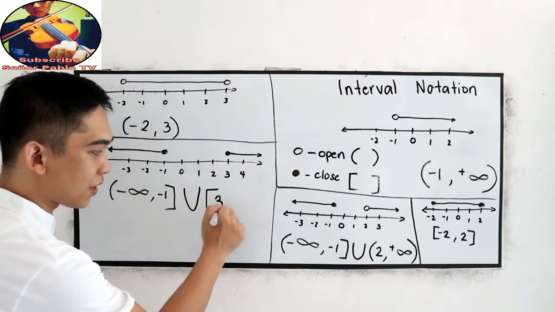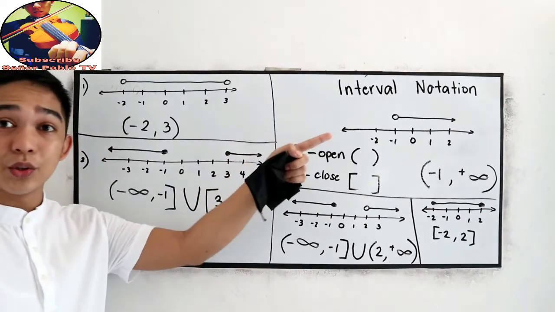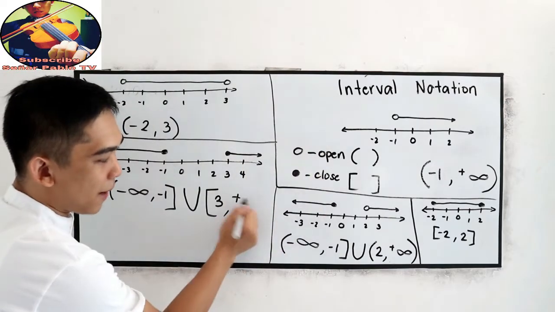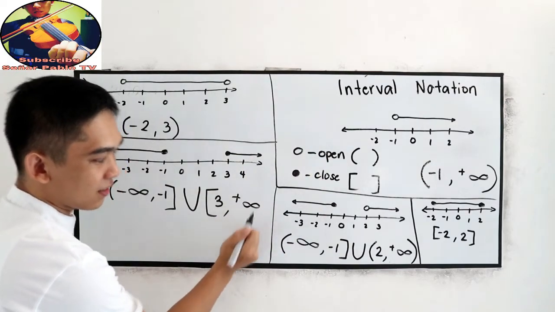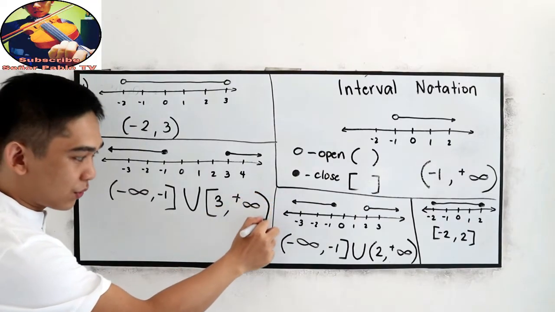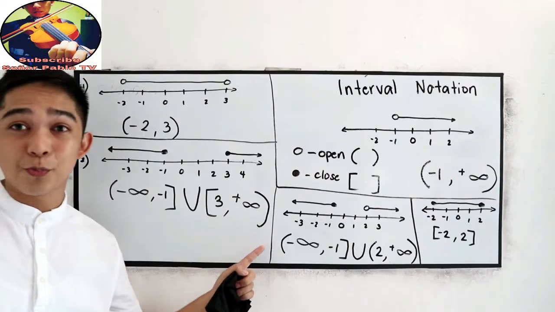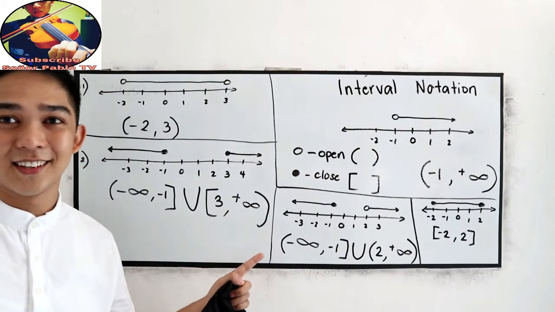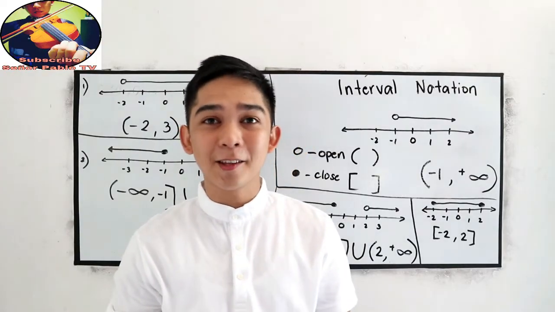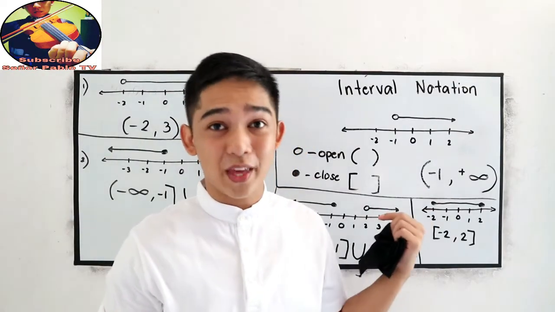Then we're going to positive infinity. This is positive infinity. We're going to use the close parenthesis. Okay, that is the inequality and the interval notation.